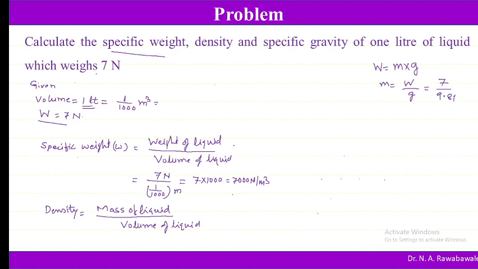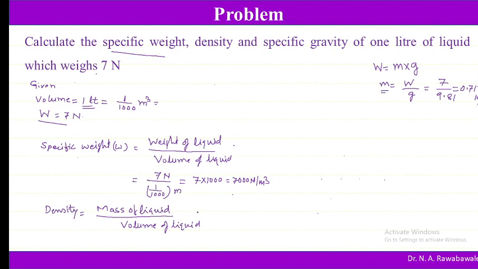So if we divide this, we'll get 7 divided by 9.81. We get this as 0.713 kg. So unit of mass is kg.